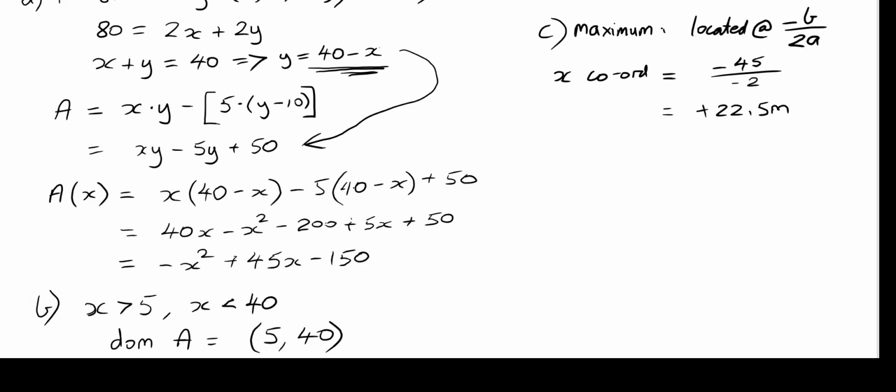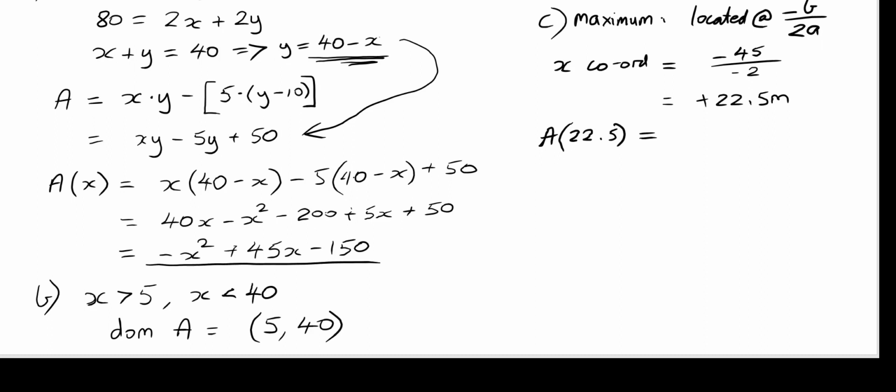meters. In order to get the corresponding area, so the area when x is equal to 22.5, we would substitute that back into this original expression here. And using your calculator, you would attain the value 356.25 meters squared.